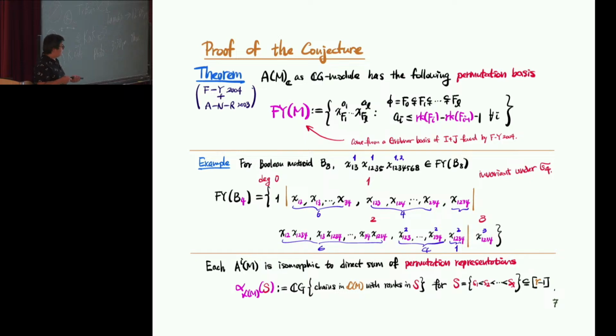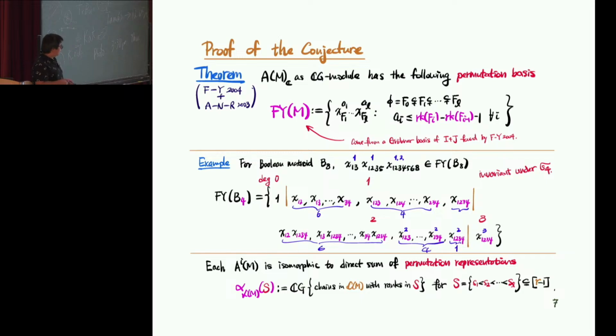It couldn't have just rank 1. And then for two consecutive flats, their rank differences also need to be at least 2. And the exponents should be less than or equal to the rank difference of these two consecutive flats minus 1. So the rank of this one is 7, this one is 4, so the exponent here can be 1, 2, or 0.